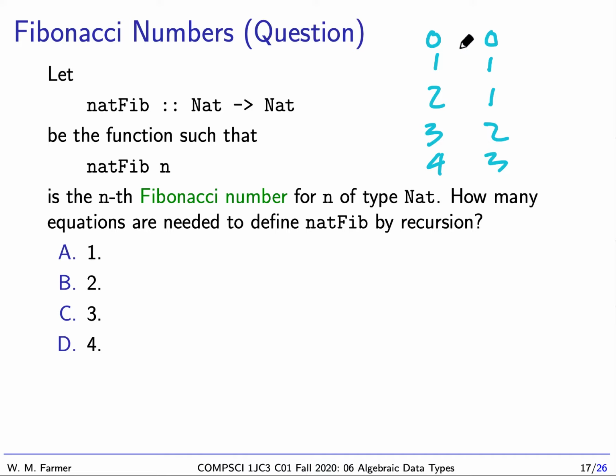Each Fibonacci number, except for the first two, we get by adding the previous two. So my question is, how many equations do we need to define this function by recursion? This is a function over NAT. Remember, NAT is representing the natural numbers.